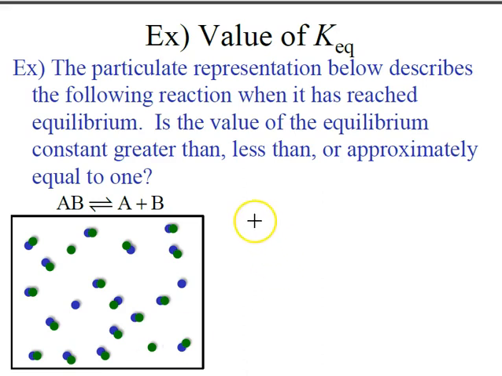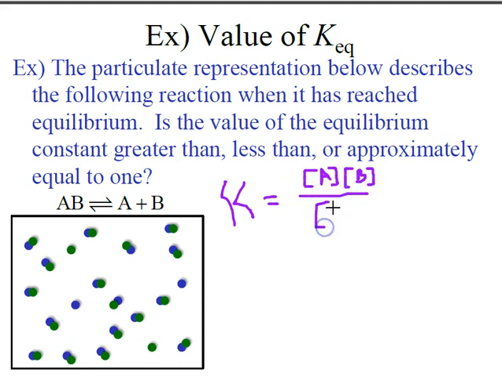So first of all, let's think about our equilibrium expression. So we would have K equals, then we'd have A and B separately in our numerator, and then that AB molecule in our denominator.